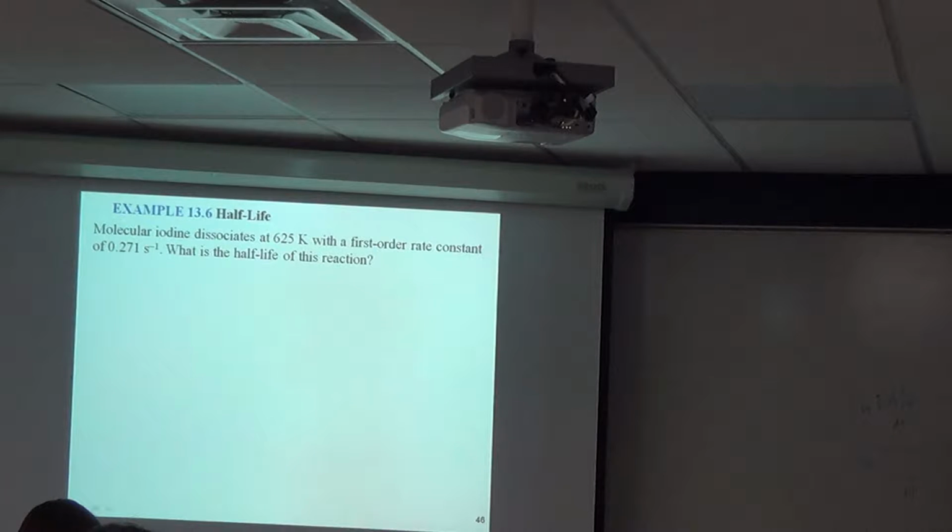Now for the first order, it does not tell you the concentration. It will tell you the rate constant. Then we know we don't need the initial concentration. We just use that equation, ln2 over k, and find the half-life.